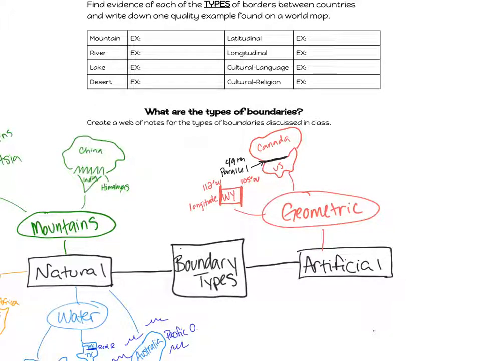Back to our US example, that's a latitude line. Okay? Go ahead and write that out so that way you know. Latitude is flatitude, right? So that is the US-Canada line. The longitude line is Wyoming. When we're talking about the up and down ones, those are longitude lines of 112 and 105.